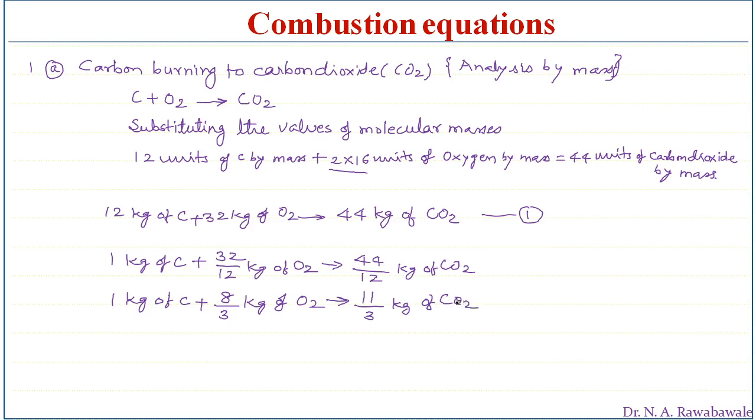So here we can say 1 kg of carbon requires 8 by 3 kg of oxygen to produce 11 by 3 kg of carbon dioxide. We can say this as equation number 2.